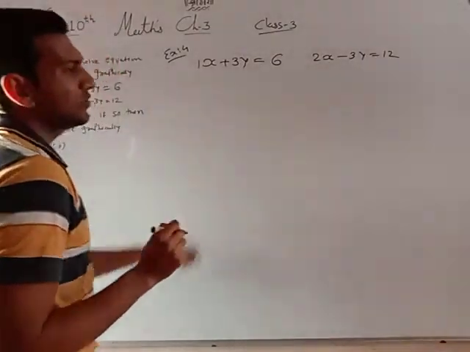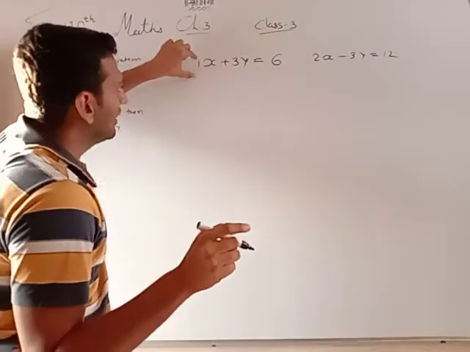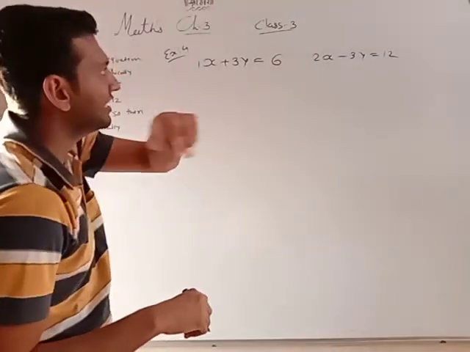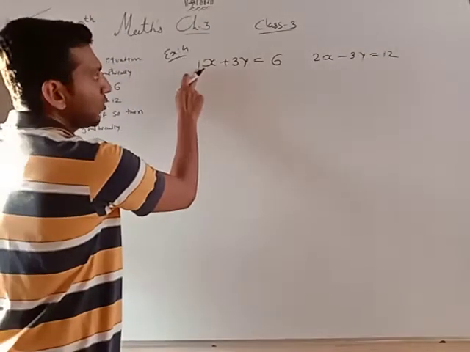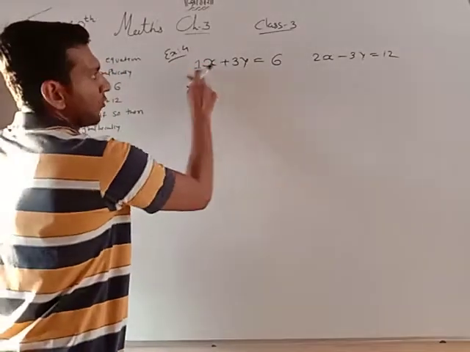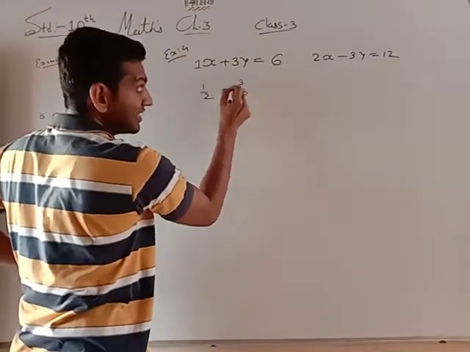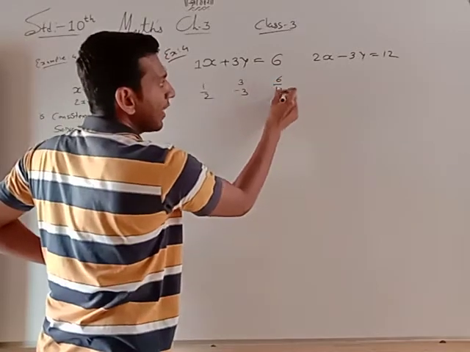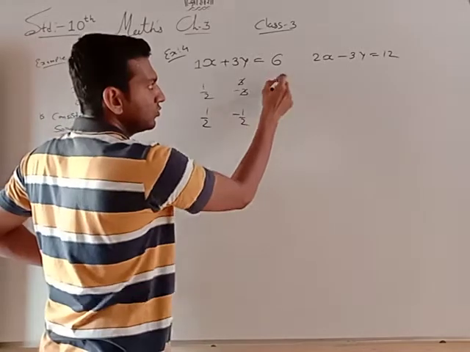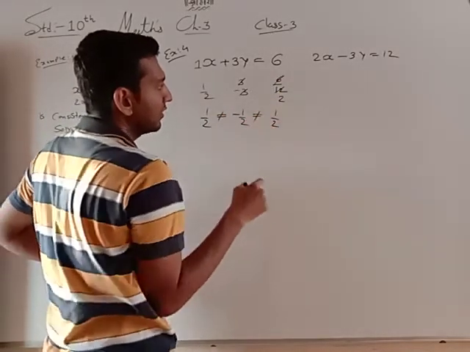Here the coefficient is not given, which means the coefficient is 1, the identity element for multiplication. So 1 upon 2, 3 upon minus 3 and 6 by 12. Solve it: 1 by 2, minus 1, and 1 by 2. So 1 by 2 does not equal minus 1 does not equal 1 by 2.